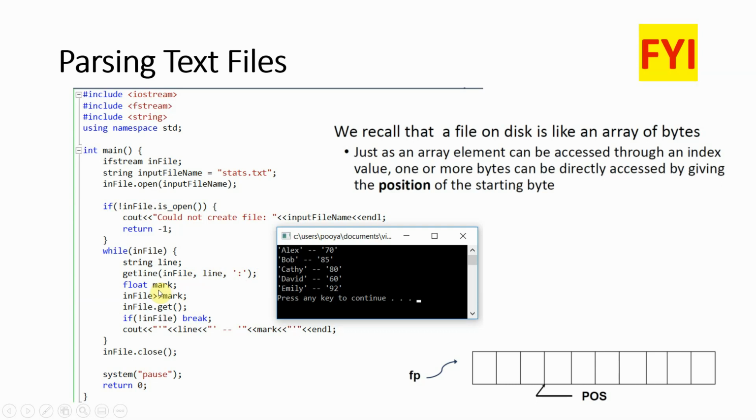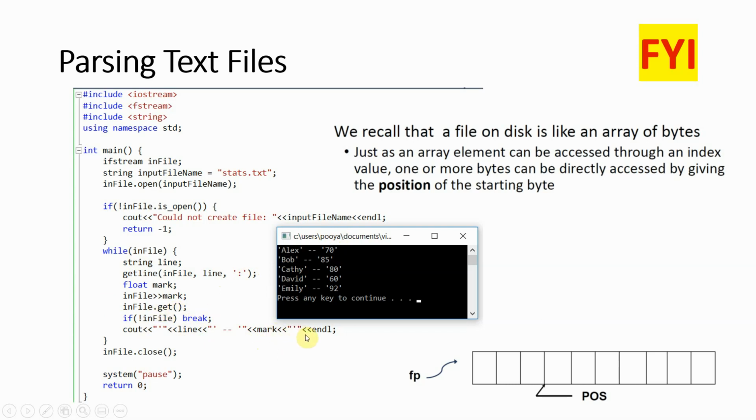So we would read the mark from here, and then get, this is a C command, it would just read the next character, and if the file finishes, it would get out of the loop. Otherwise, it would print the string which was before the colon and the mark that was after the colon. Sorry, I said character, I should have said string.